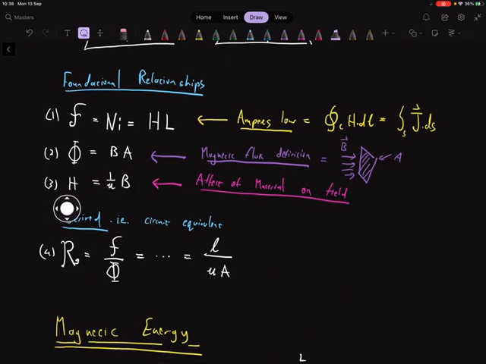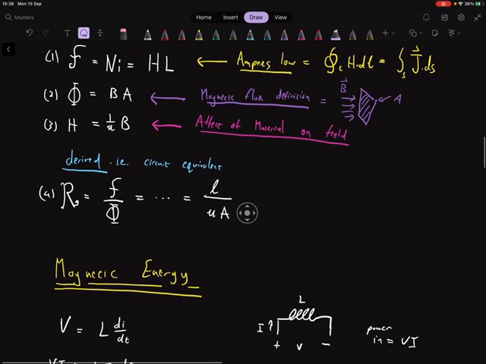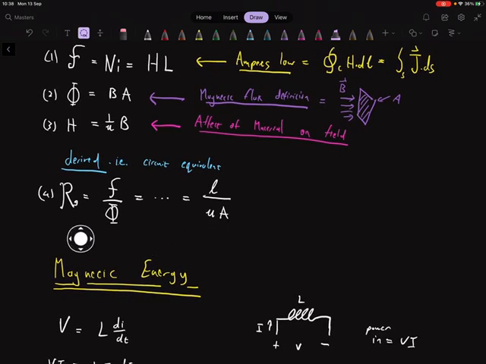Then you have this intensity, where you're relating the field to the material. That's like permittivity with the electric field, but now we have permeability for the magnetic field. Then you can have a derived quantity like resistance, but we're going to call it reluctance, which is the ratio of MMF to the flux.